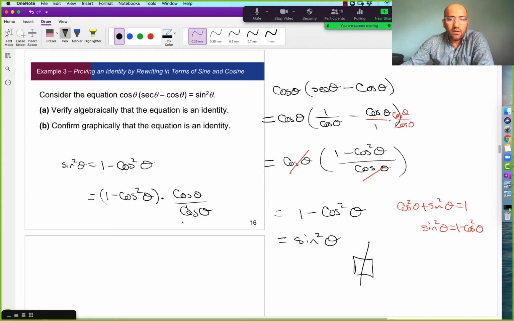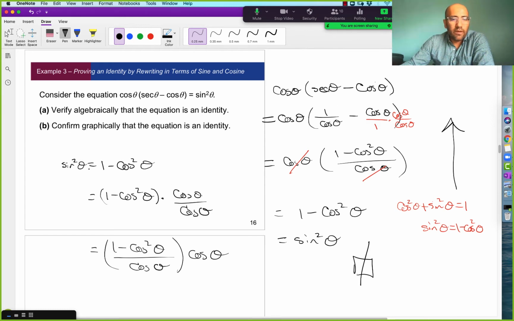That's hard. And next it would have been to distribute one of those in here and say that this is 1 minus cosine squared theta over cosine of theta times cosine of theta. And then to separate them and basically do this in reverse would have been harder, right? It's harder to create.